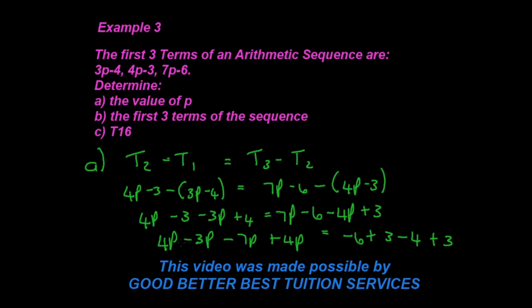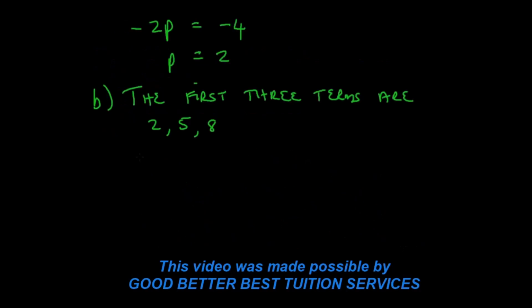It gives me 4p minus 3p minus 7p plus 4p equals minus 6 plus 3 minus 4 plus 3. So we've grouped all the variables on the left hand side, numbers on the right hand side. What does that give me? It gives me minus 2p is equal to minus 4, and therefore p is equal to 2.